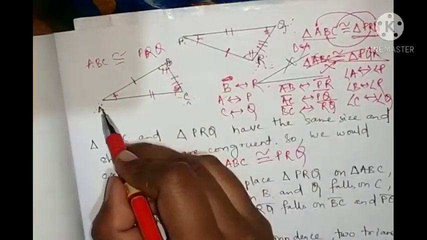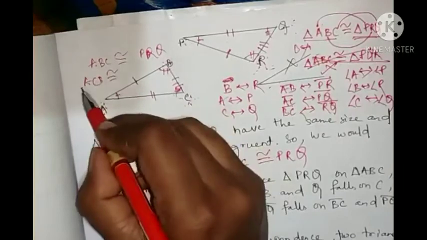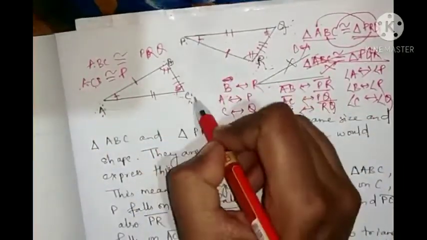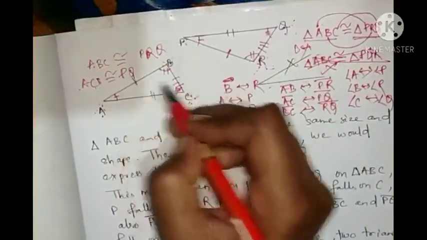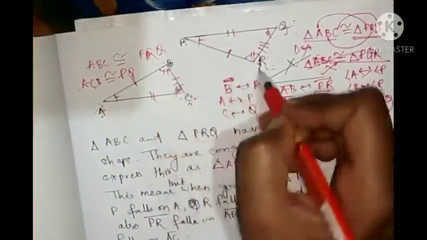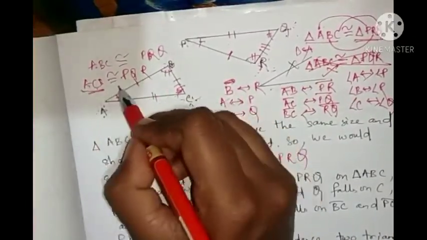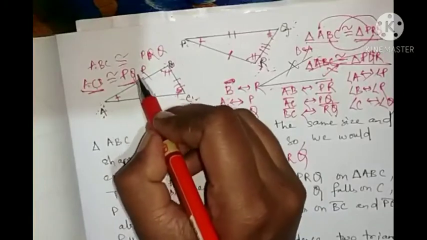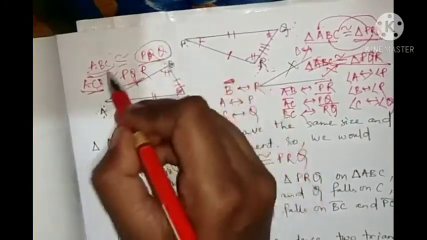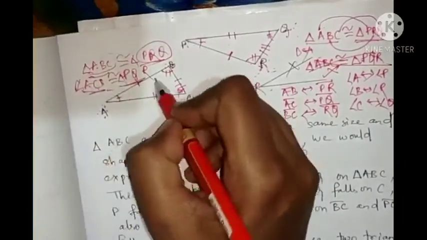If you write ACB, then A is corresponding to P, C is corresponding to Q, so write PQ, and B is corresponding to R. If you change here, you change here. If you change here, then you change here. Always keep the order as you are writing. So always maintain the order.